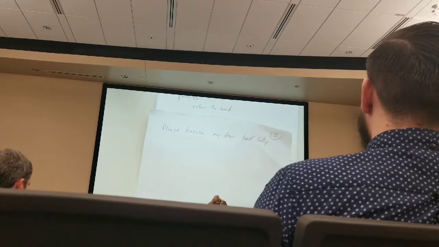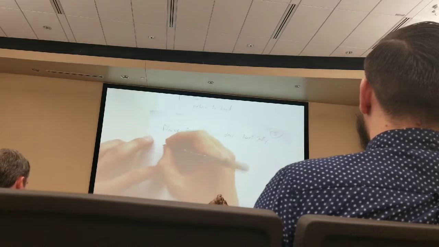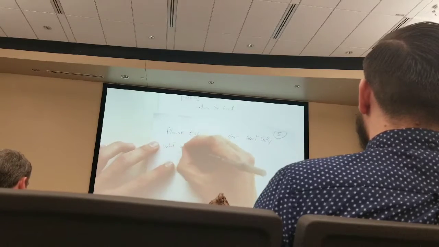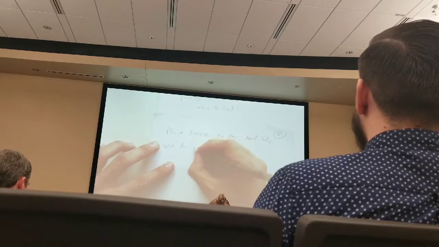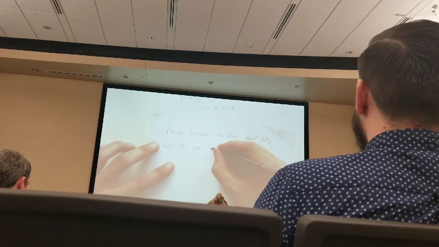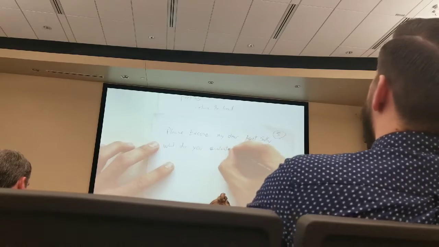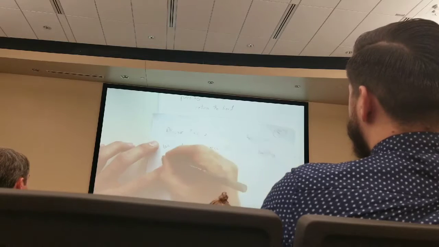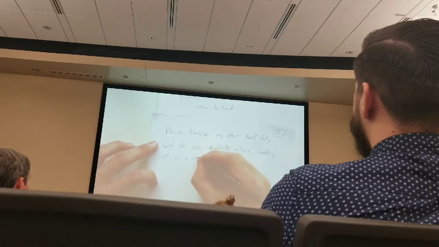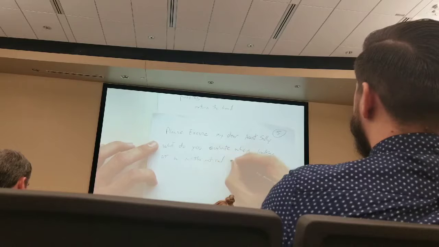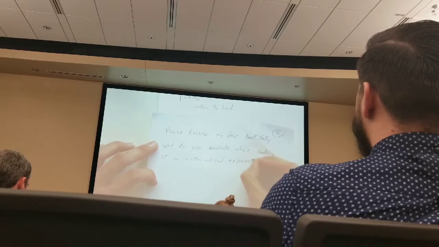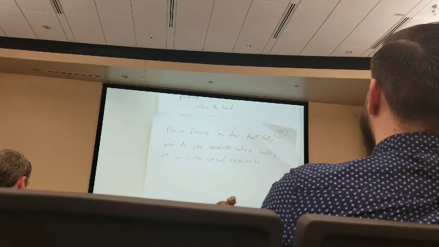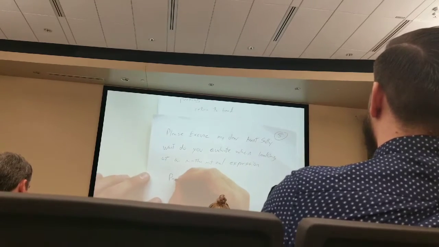So what do you do when you do a mathematical expression? What's the first thing you will perform or evaluate? Evaluate Sally. So when you're doing a mathematical expression, you will normally do the parentheses first.